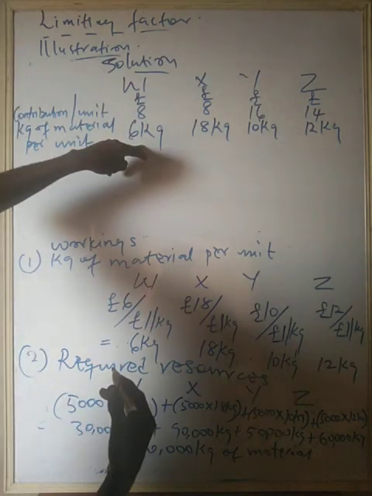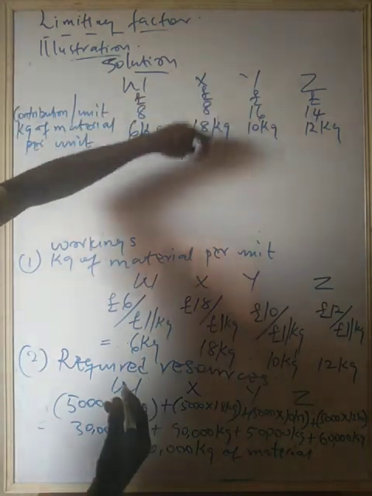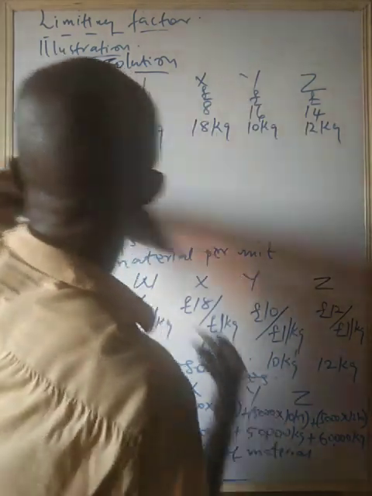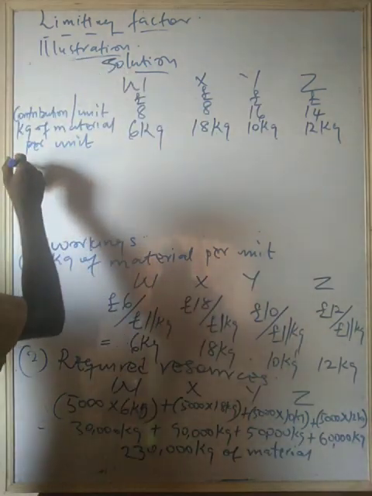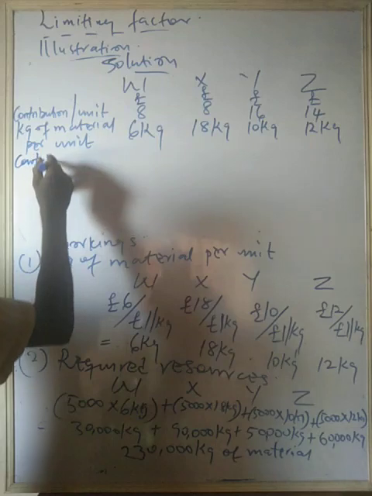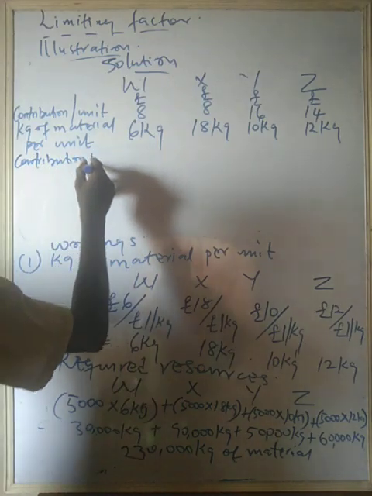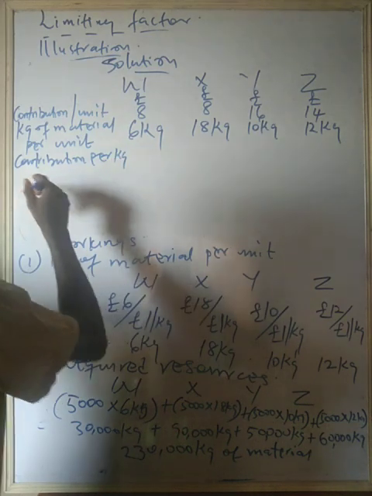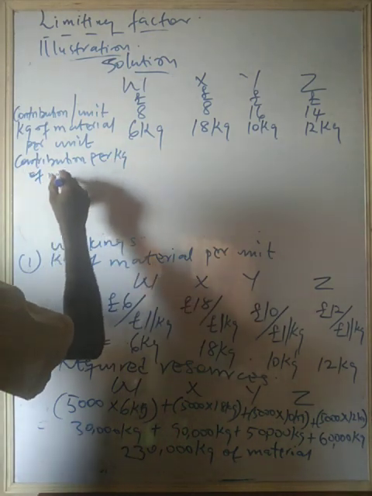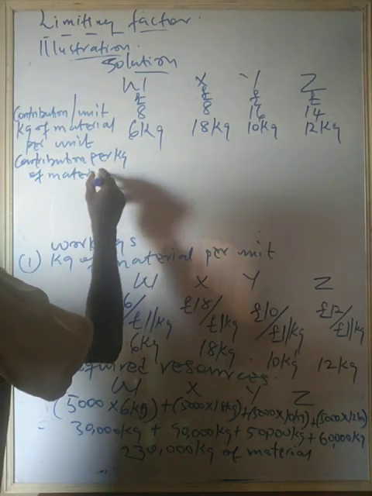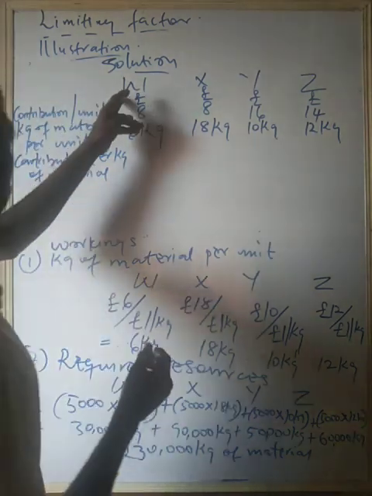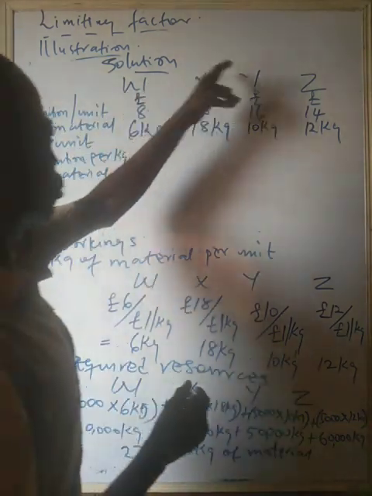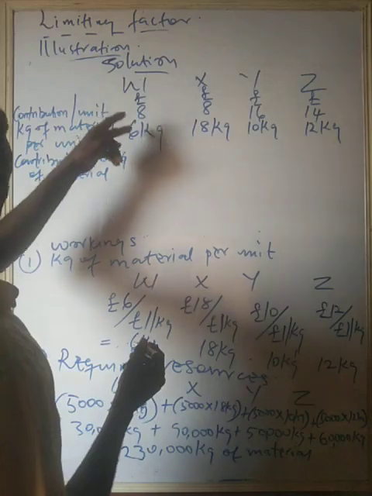Contribution per kg. Contribution per kg of material for each product. For W, X, Y, Z. And that is 8 divided by 6.